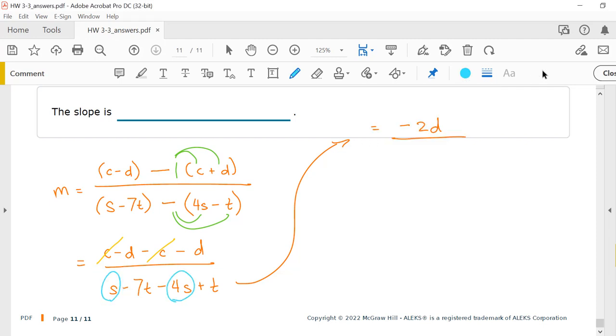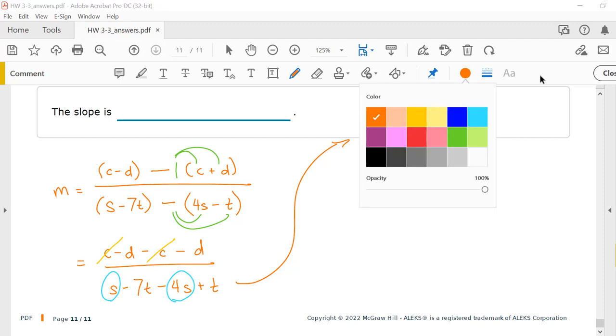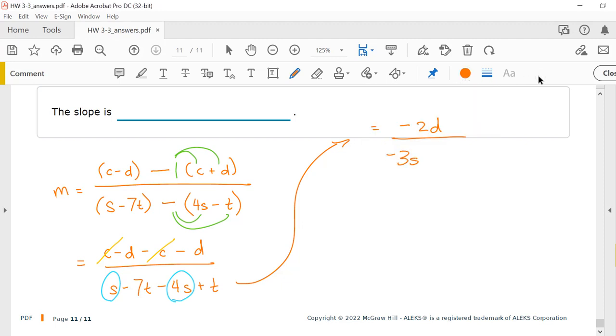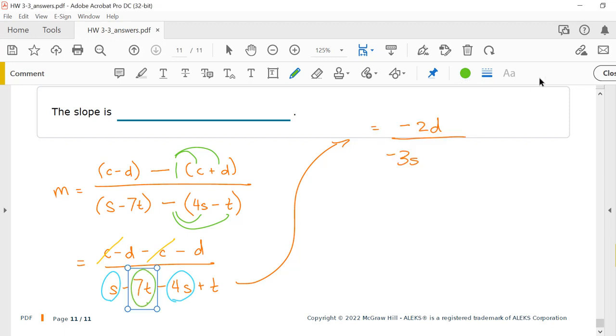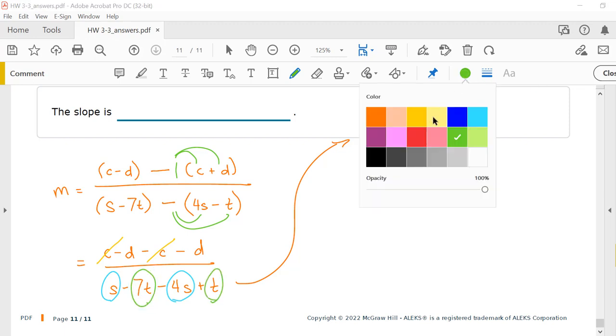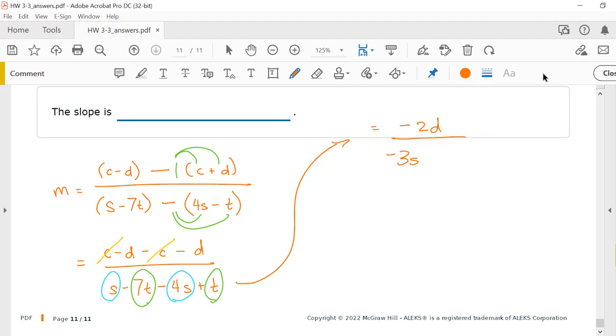S minus 4S is minus 3S, and then we also have minus 7T plus T, which would give us minus 6T. So there's your slope that you need to plug in right here. That's the slope between those 2 points. That's it on this homework.